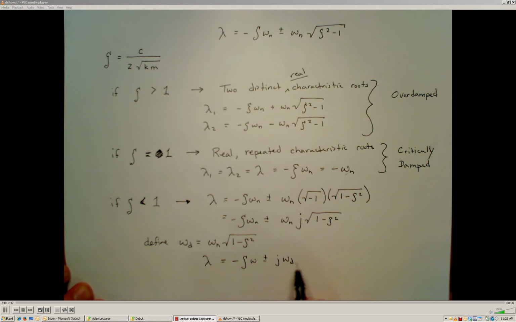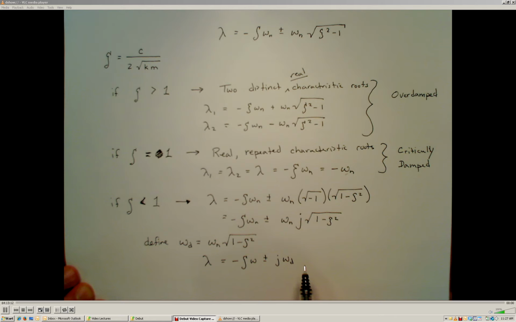In this case, I see that I'm going to have a real number plus or minus an imaginary number. And again, from our mathematics, we understand that that is a special number called a complex number. And since we have the same real component and either a positive or a negative value of the imaginary component, we call that a complex conjugate.